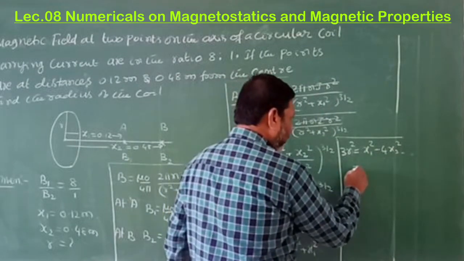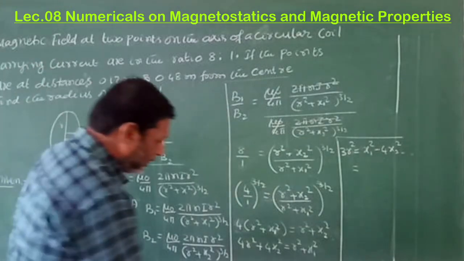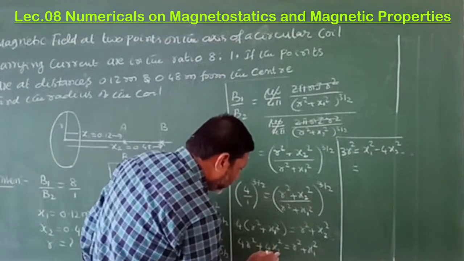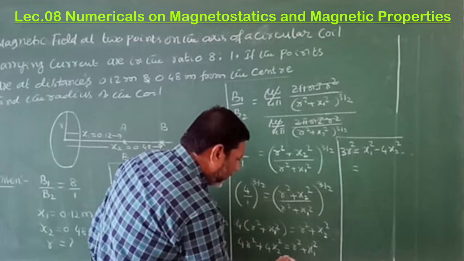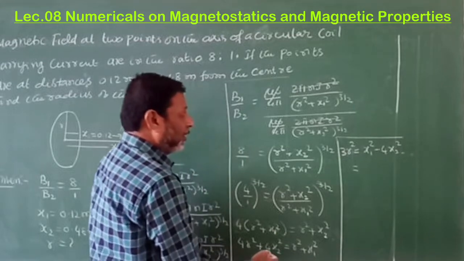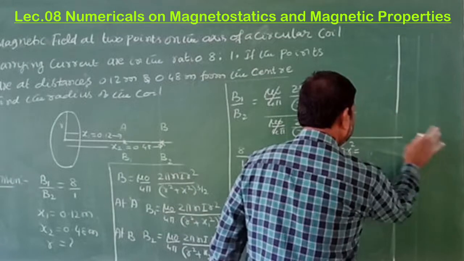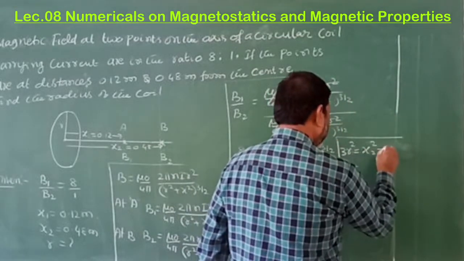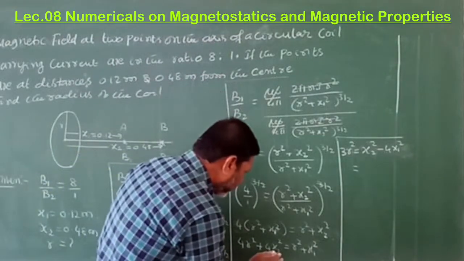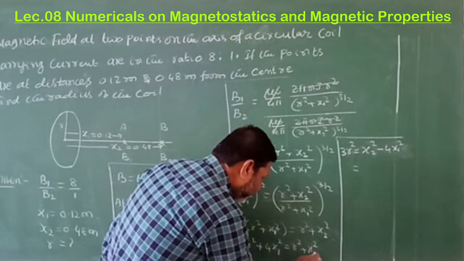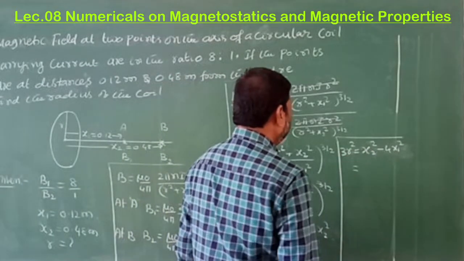Now this is equal to x1 square, again here it is 4x1 square, then minus of 4x2 square... this is 4x1 square and this is x2 square, okay. Now here, x2 value is equal to how much?